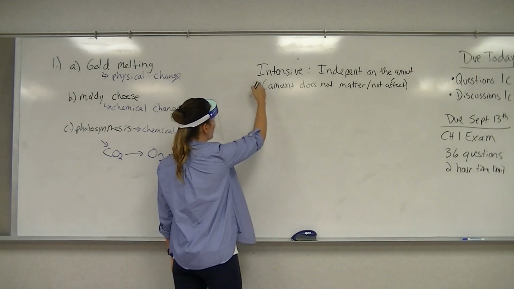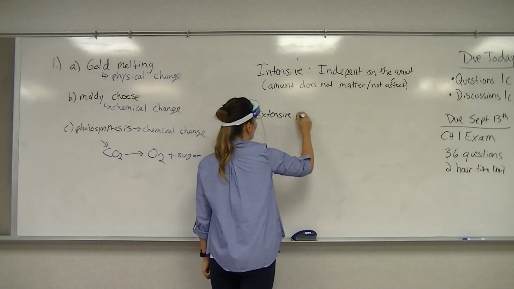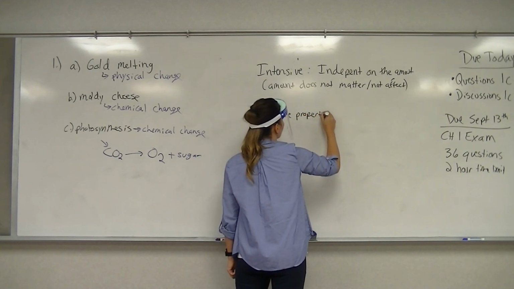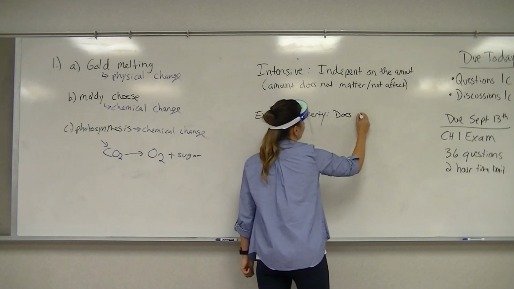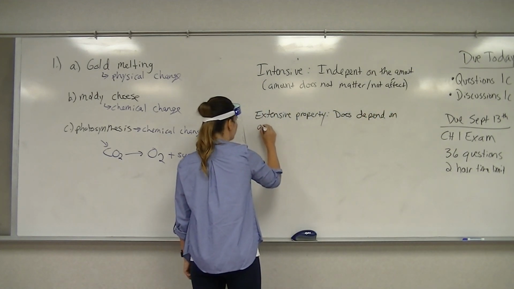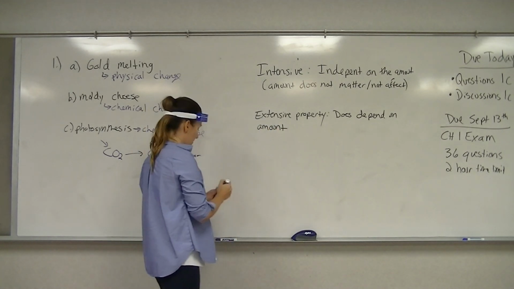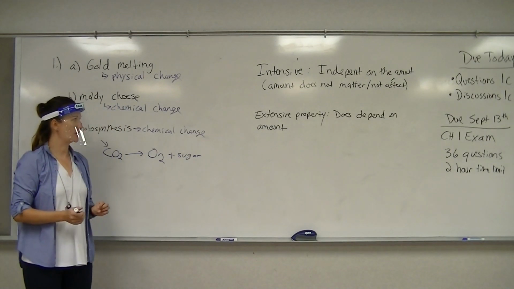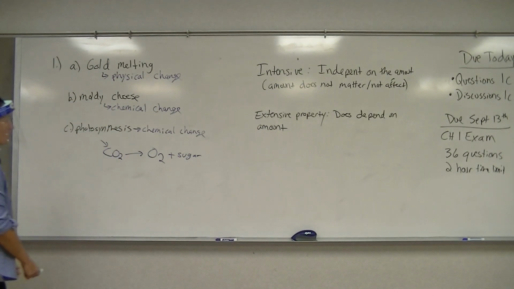The other property we're going to compare that to is extensive, and this does depend on the amount. The example I use in the PowerPoint is that for an extensive property, you need an extra amount, to help you remember that one.